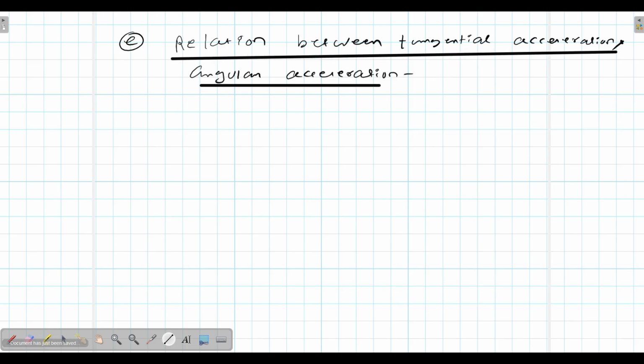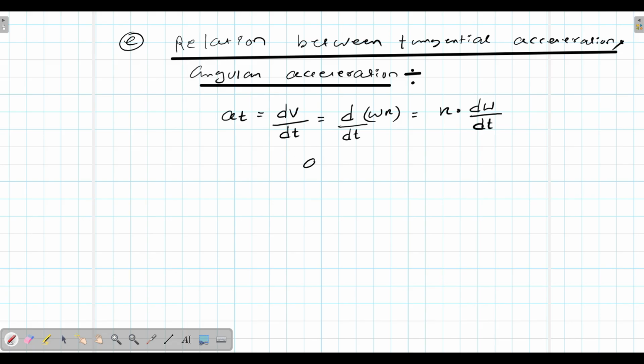For tangential acceleration, a equals to dv by dt, d by dt of V, and V equals to omega into R. D omega by dt is alpha. So at equals to how much? At equals to R into alpha.